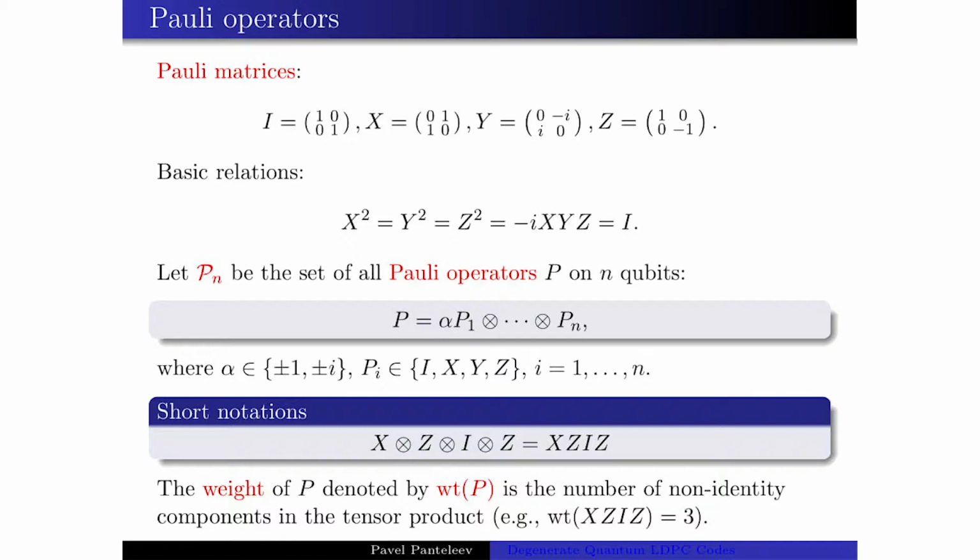So we are working with classical stabilizer codes. We have Pauli matrices, we have Pauli operators, and we use standard short notations. As usual, the weight of a Pauli operator is just the number of non-identity components in the tensor product.